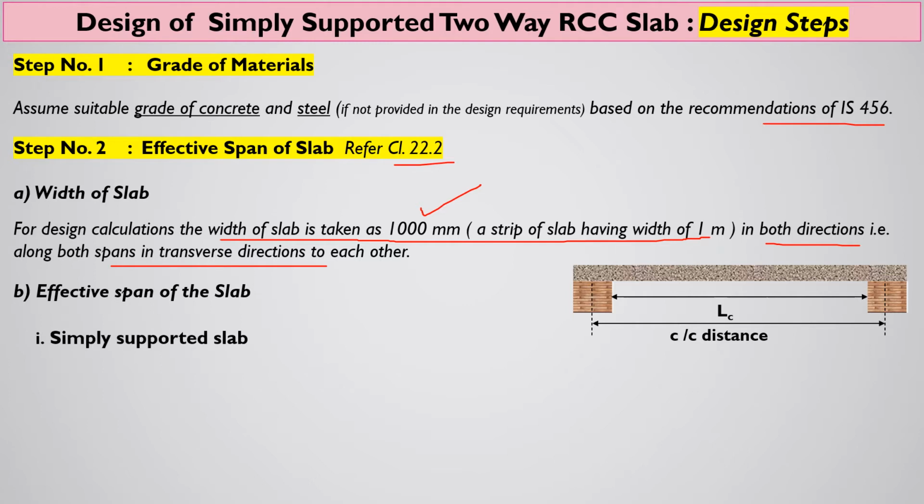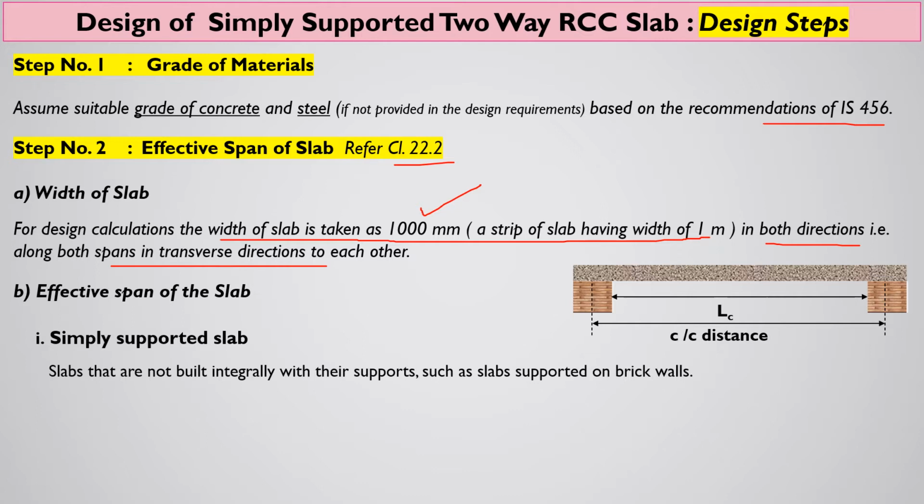So in our case of a simply supported slab, the slabs are not built integrally with their supports, and they are directly placed on the brick walls. As we are well aware, these types of slabs come under the category of simply supported slab. So how to calculate the effective span?